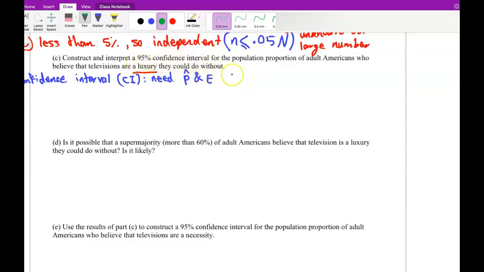What that means, using that one, alpha is equal to 1 minus 95%. So alpha is equal to 5%.